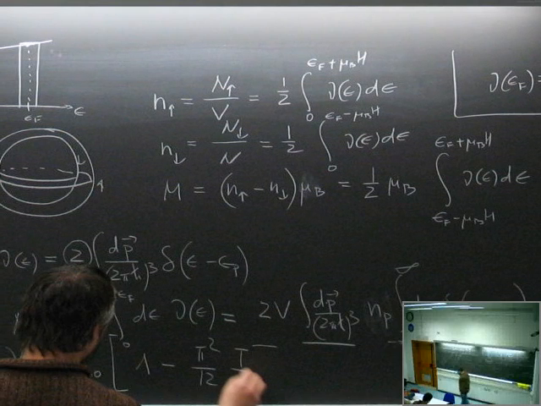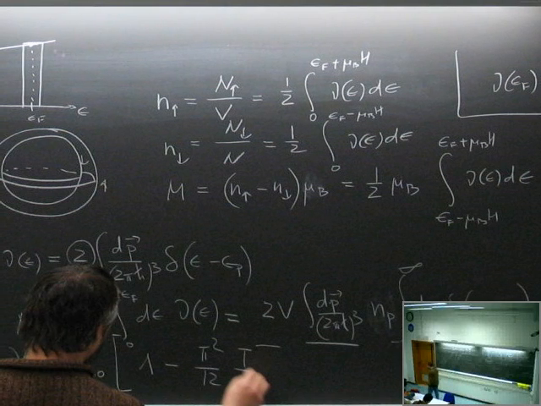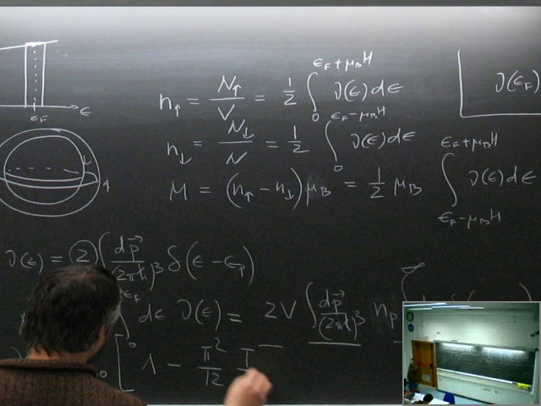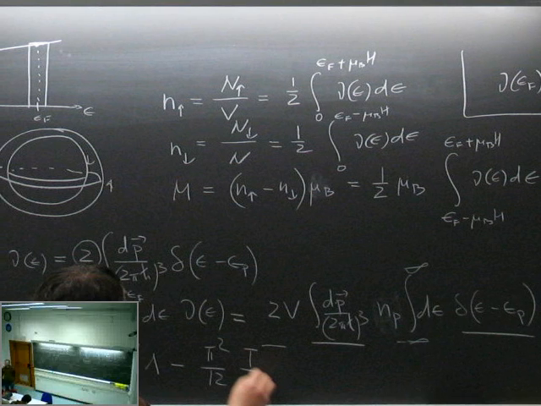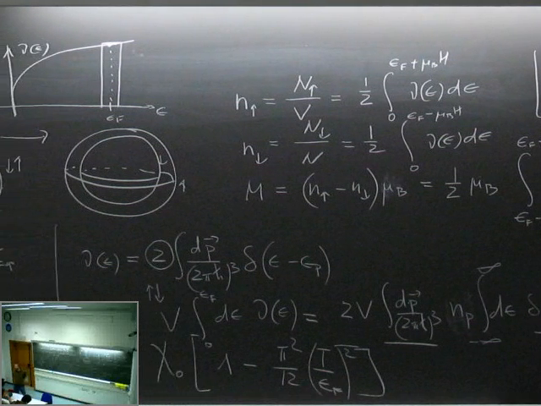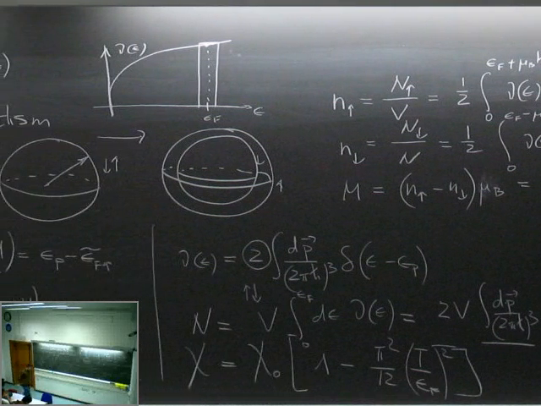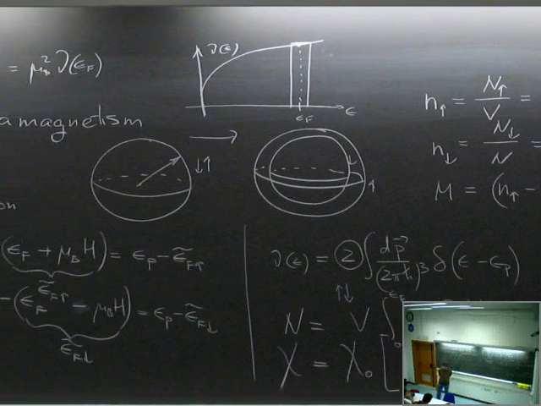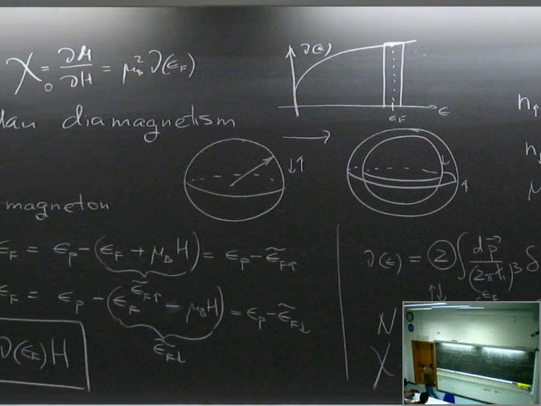So this is how temperature appears in this formula, and as long as we are at low temperatures, smaller compared to Fermi energy, we don't have to take care about these corrections because they are negligibly small.